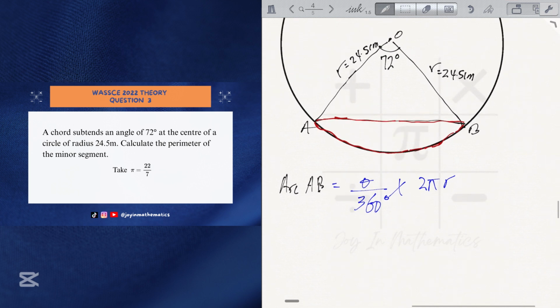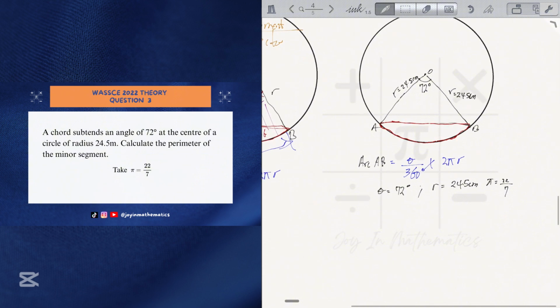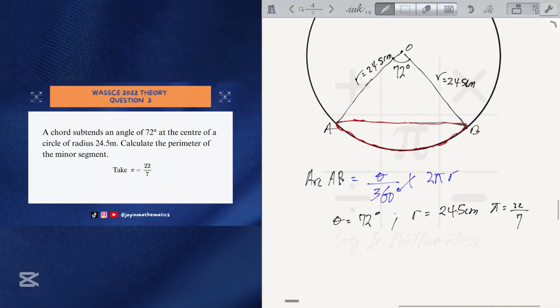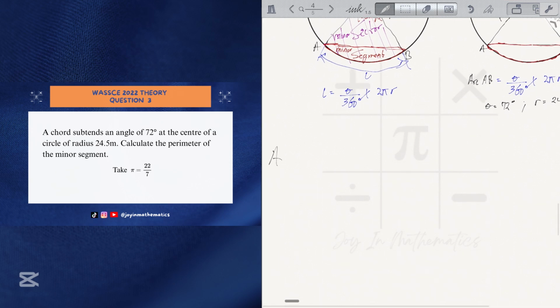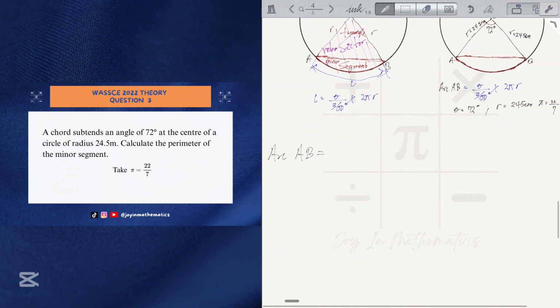Now do we have theta? Yes, theta is equal to 72 degrees and r is equal to 24.5 centimeters. And pi, as given in the question, is 22 over 7. So now we can find the length of arc AB. Let's do that quickly. Arc AB is equal to theta over 360 multiplied by 2 pi r.